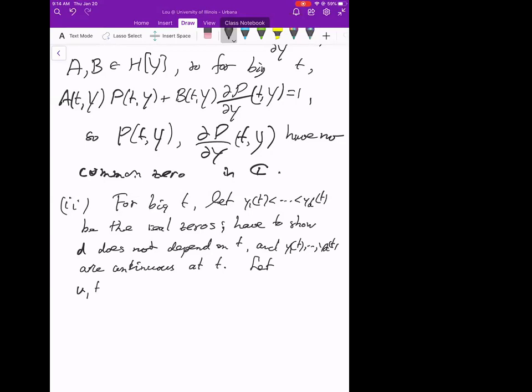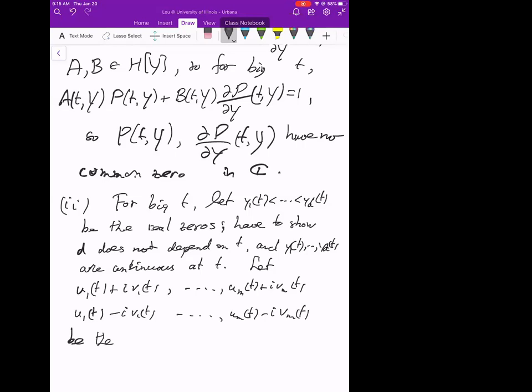So u1(t) plus i v1(t), and let me write underneath the complex conjugate, um(t) plus i vm(t) and um(t) minus i vm(t), be the other zeros.